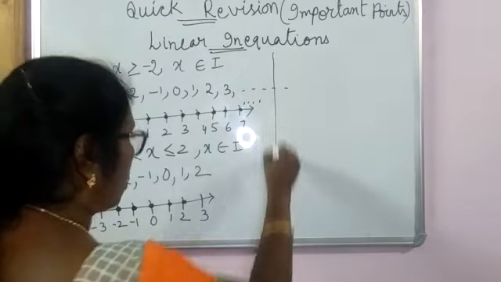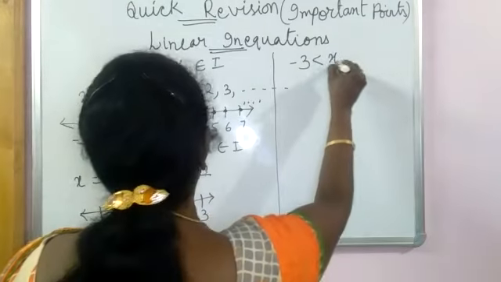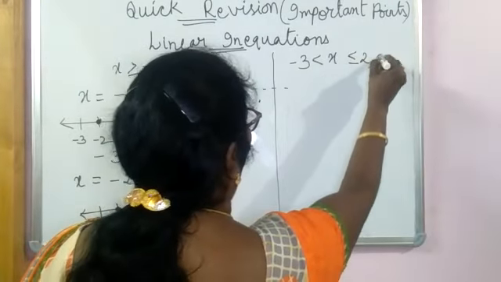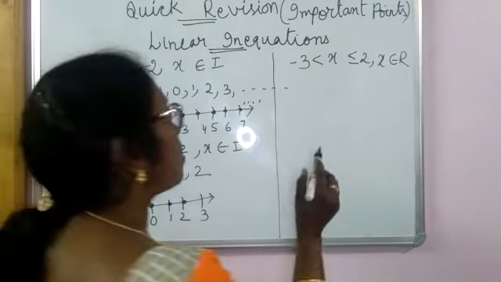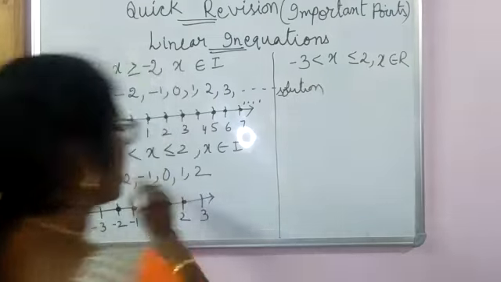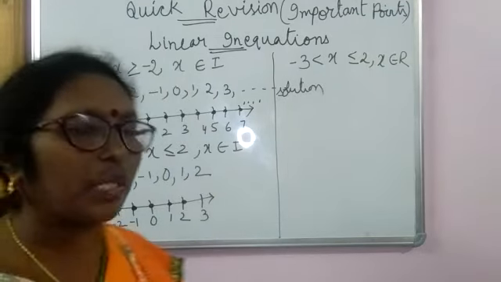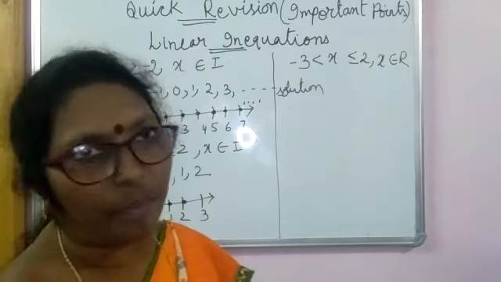Let me explain to you. Same inequation: minus 3 less than x less than or equal to 2, x belongs to real numbers. Real numbers means the solution, you cannot show the integers. These are the integers. Real numbers means every point on a number line is a real number.